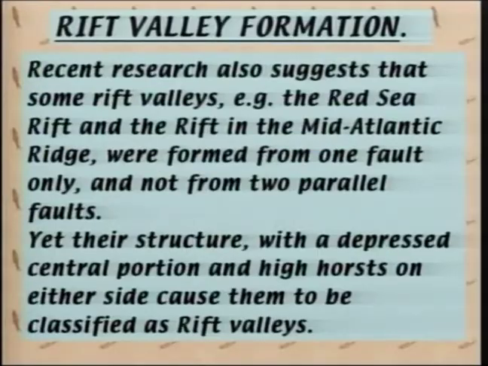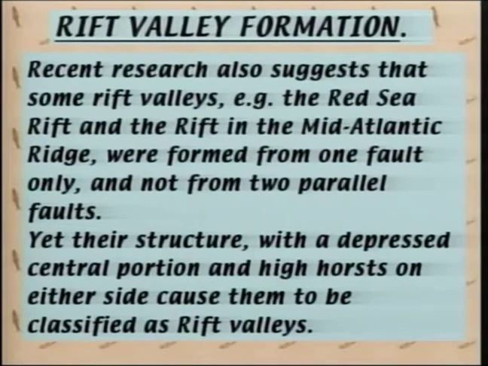Also, note that I mentioned that recent research has suggested that some rift valleys, for example the Red Sea Rift and the rift of the Mid-Atlantic Ridge, were formed from one fault only and not from two parallel faults. Yet their structure, with a depressed central portion and a high horst on either side, causes them to be classified as rift valleys.